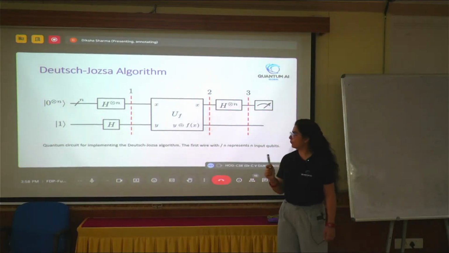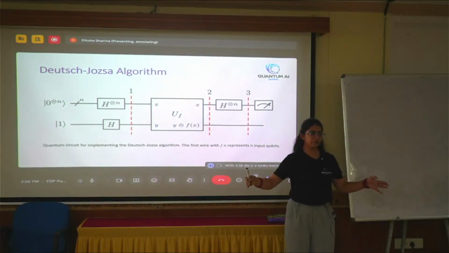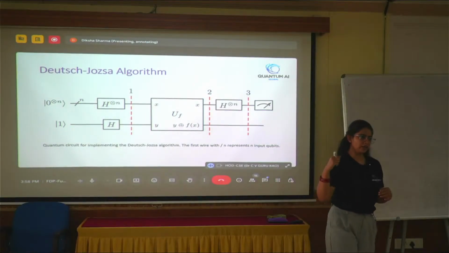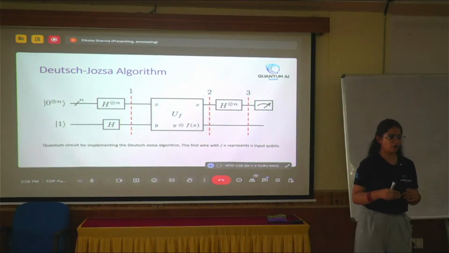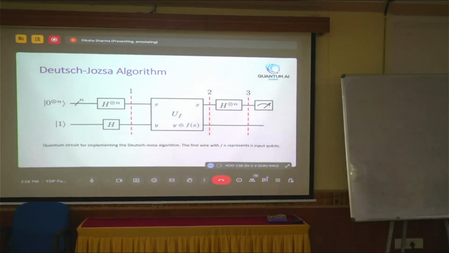But here we have n number of inputs and we try to check how the function behaves for those n inputs. In that case, classically we would require at least n by 2 plus 1 measurements, and here we would require only half of the inputs for the measurement purpose.